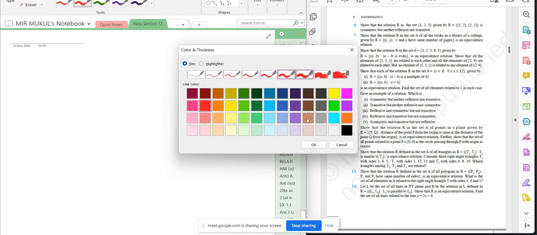Now, answer 6. See what is said in it: Show that the relation R in the set {1, 2, 3} given by R = {(1, 2), (2, 1)} is symmetric but neither reflexive nor transitive. These questions also came in the board exam.